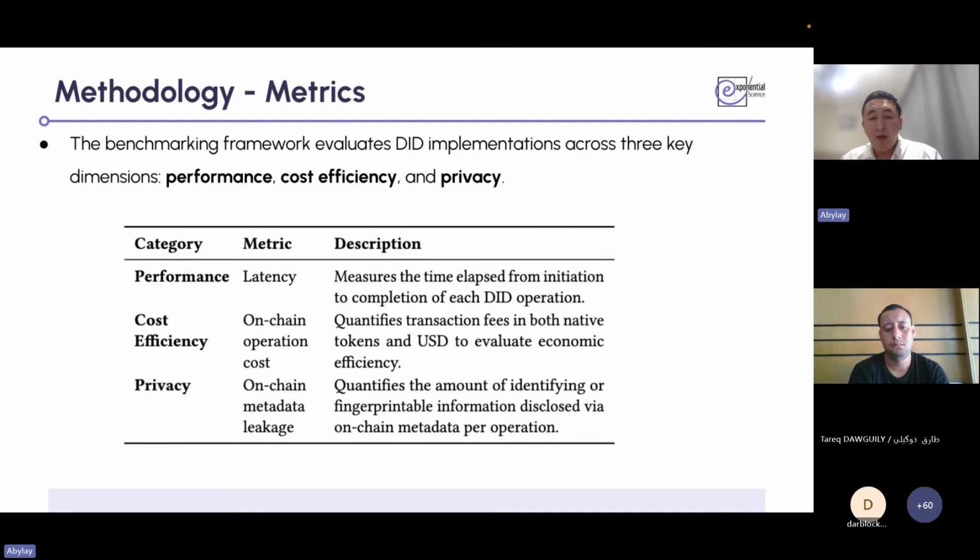The last metric, on-chain metadata leakage, is about whether there is some fingerprintable information disclosed via metadata.